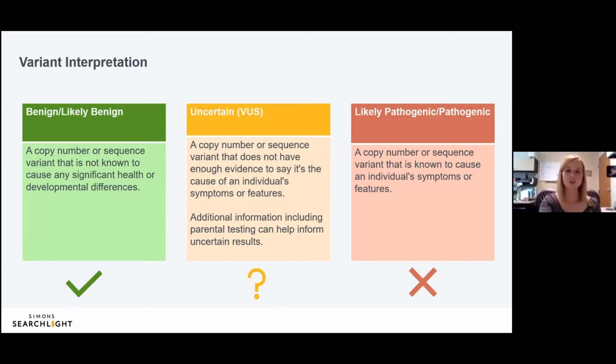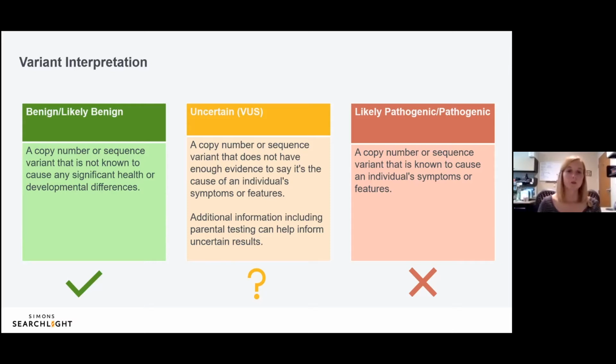Sometimes, though, we just don't have enough research to be that confident yet. Maybe we haven't seen anybody else with that very specific gene change. Or maybe we see that gene change in people who don't show us any medical or developmental differences. In those cases, it may fall into this uncertain category, meaning we need more research before we can definitely tell what this gene is doing.